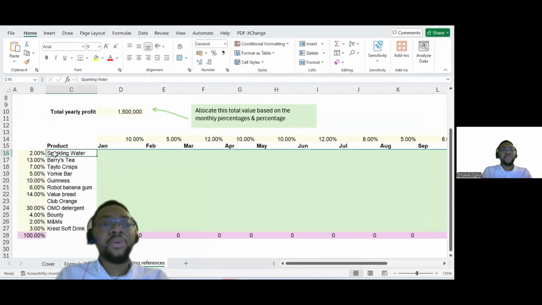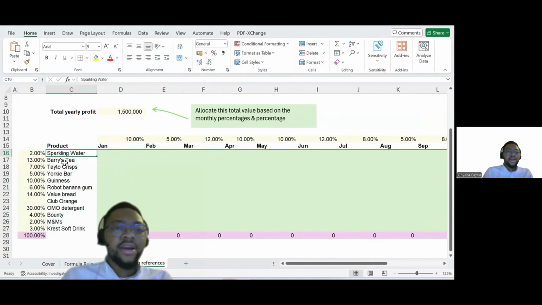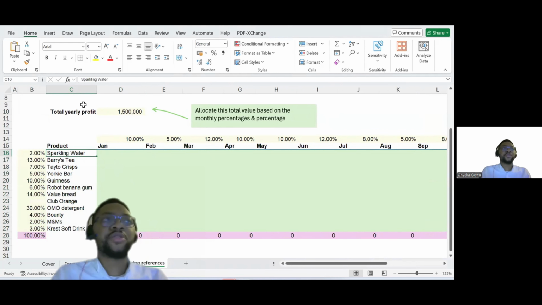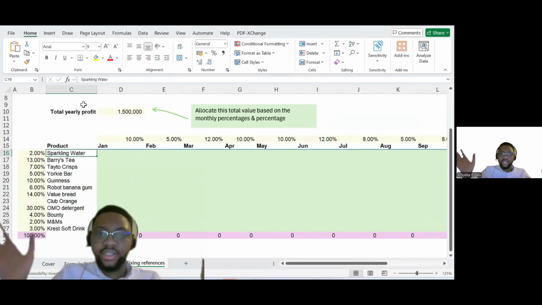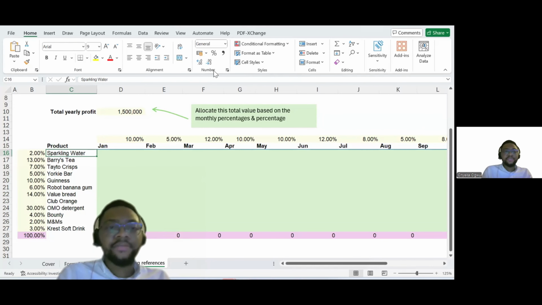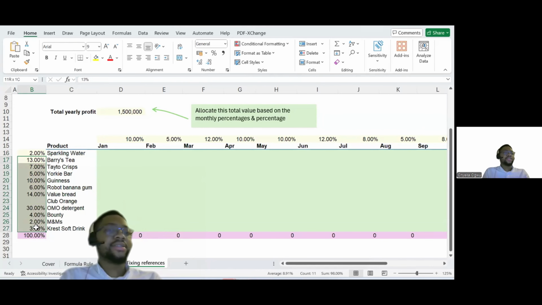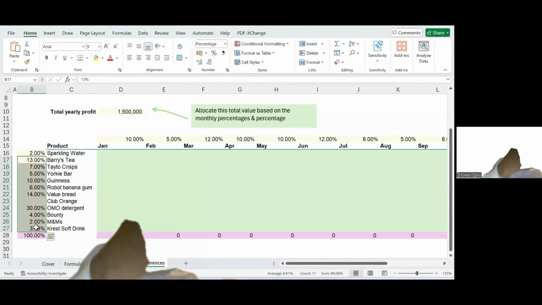So that means sparkling water gets 2% of the profit. Bailey's tea gets 13% of the profit. Do you understand? That is very simple. This is the product, and these are the percentages of the profits they are meant to make.